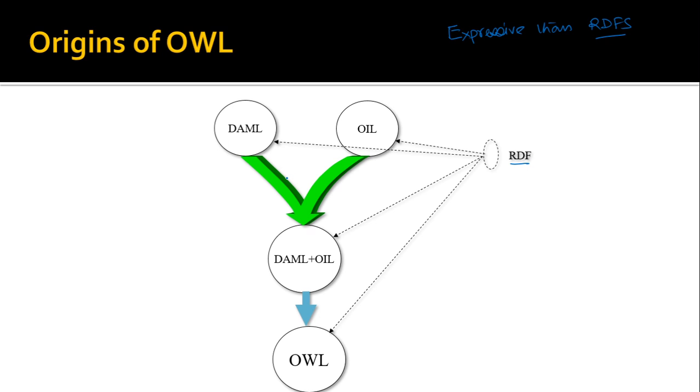After a few years, these two specifications, the DAML specification and the OIL specification, merged together to form DAML OIL, and basically this is a precursor to what we call OWL today. Every specification you see is based on RDF, so we are following the same simple structure, right?